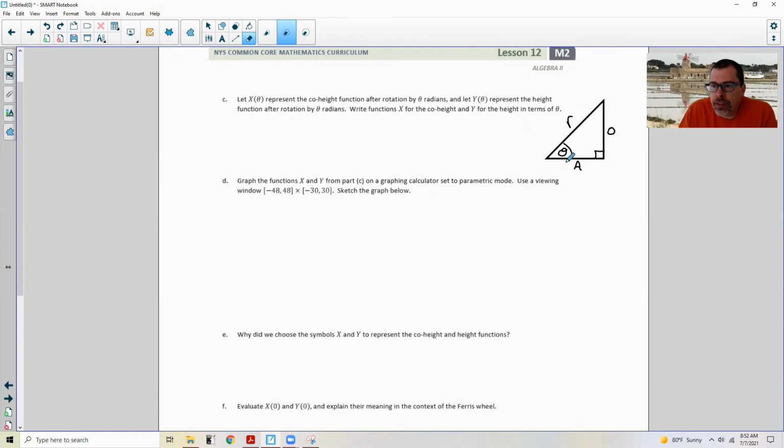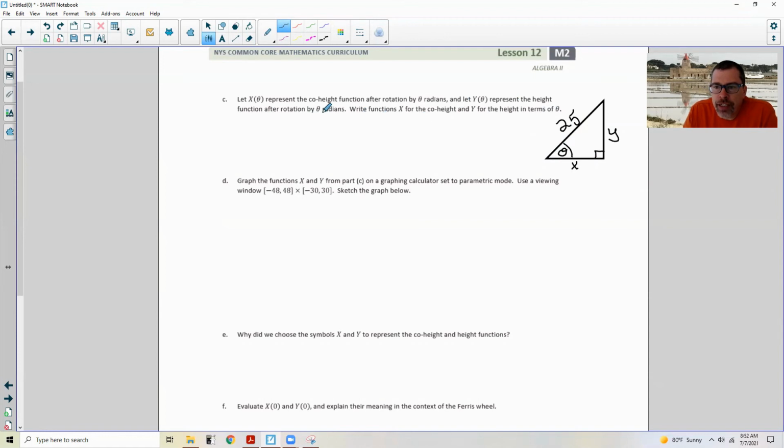I just plugged in opposite with respect to theta, adjacent, and the radius. But now I'm going to put values in. x is the co-height, so I'll put an x here. y is the height, so I'll put a y here. And the radius of our Ferris wheel was 25 feet. So there is our right triangle set up with respect to x and y.